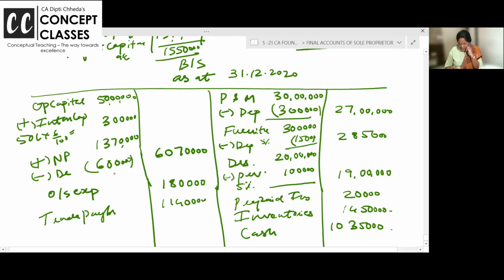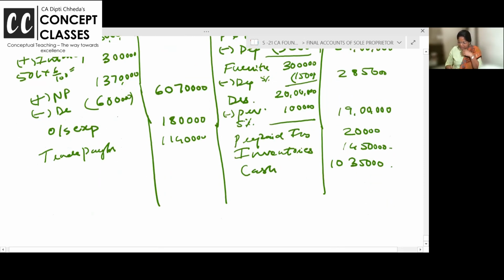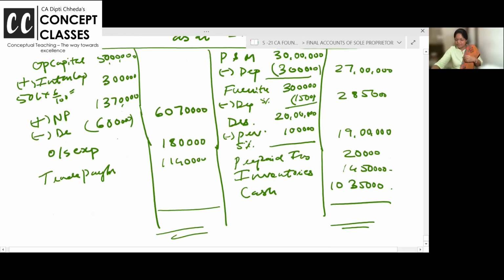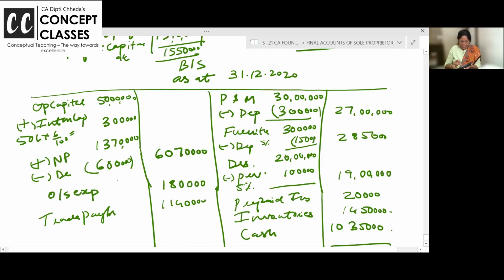And drawings we will minus: 60 lakh 70,000. Now we can do the balance sheet total. 60 lakh 70,000 plus 180 plus 11 lakh 40,000. Balance sheet total is 73 lakh 90,000.